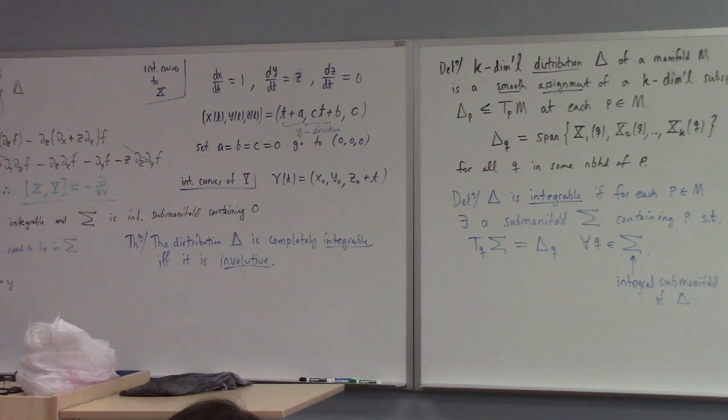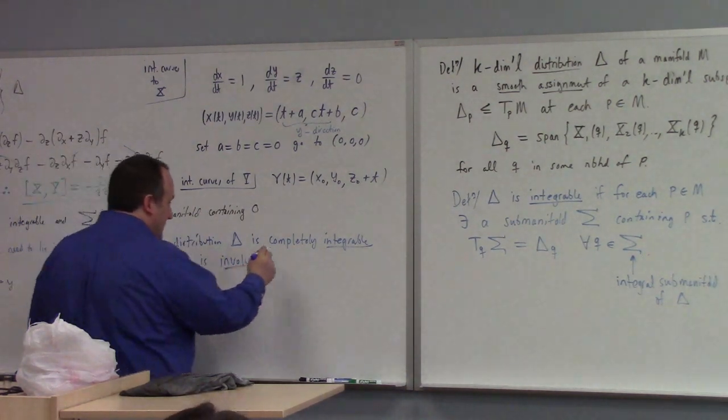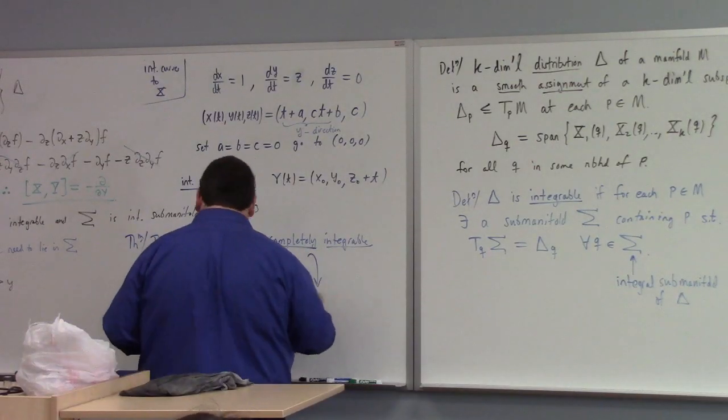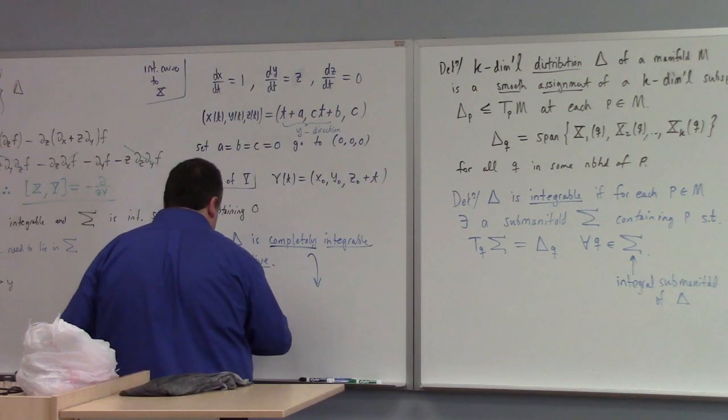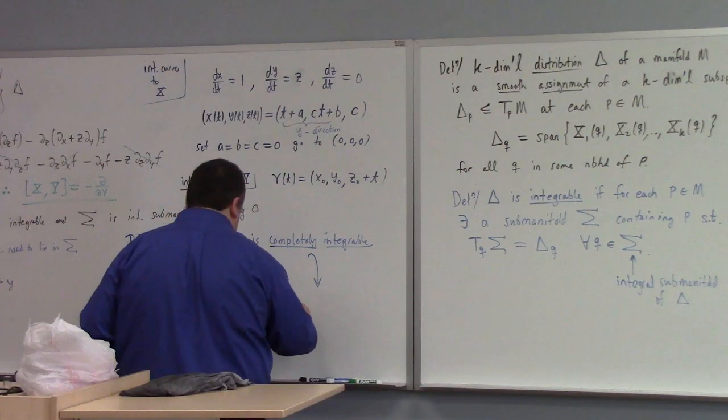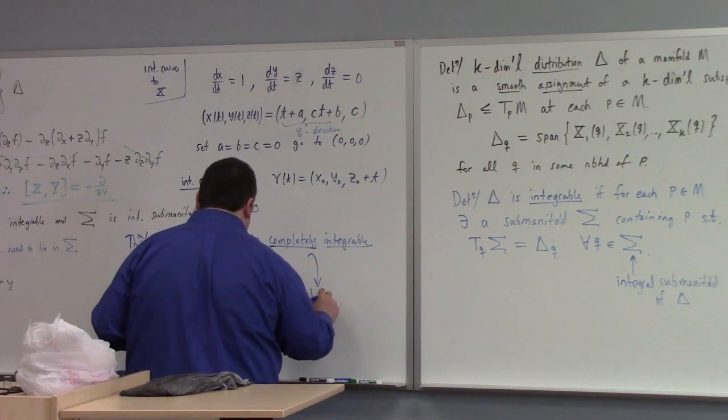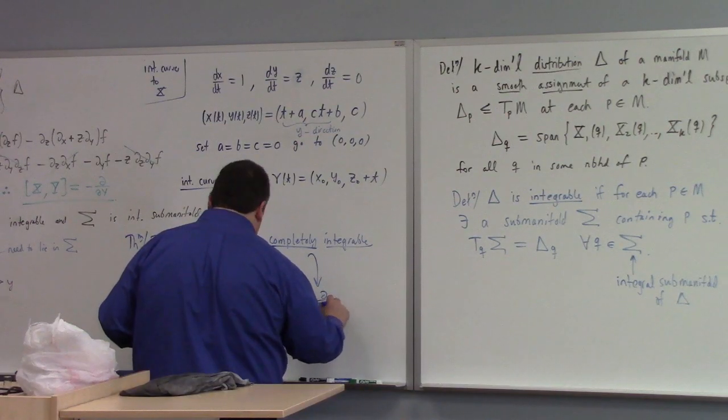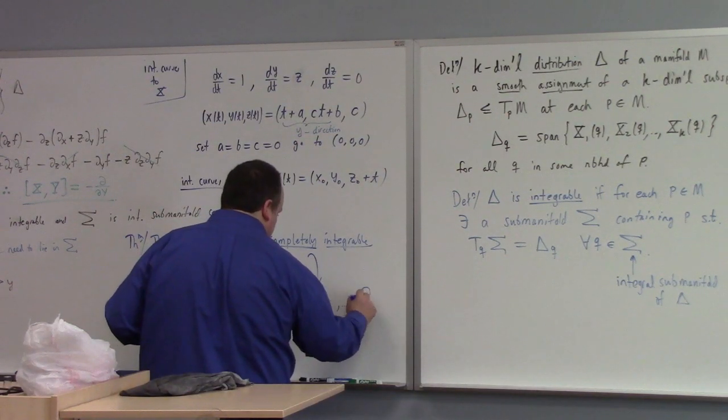What does it mean to be completely integrable? Good question. By definition, a k-dimensional distribution is completely integrable if it's integrable, and for each p, yeah, okay, it's a stronger thing. Thank you. That is a very good question, because it gives us a license to something a little bit more, which is to say that it's actually the span of a set of coordinate vector derivations.